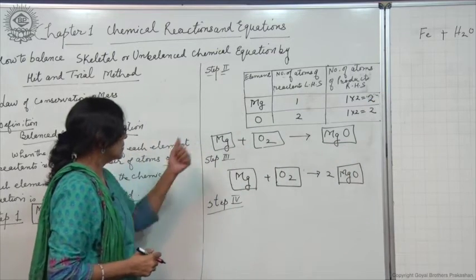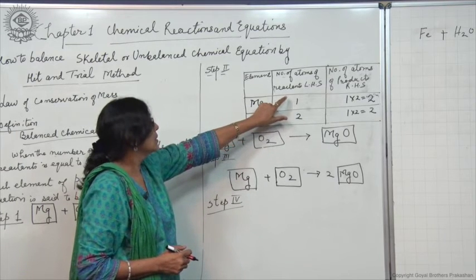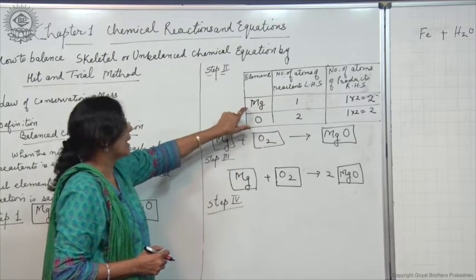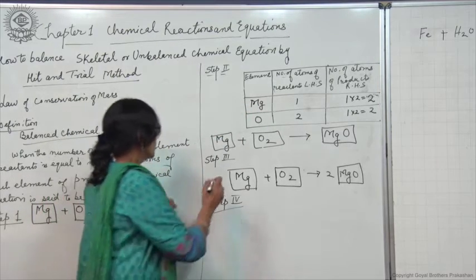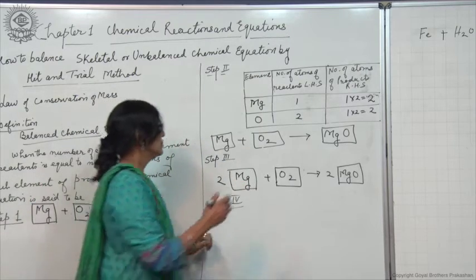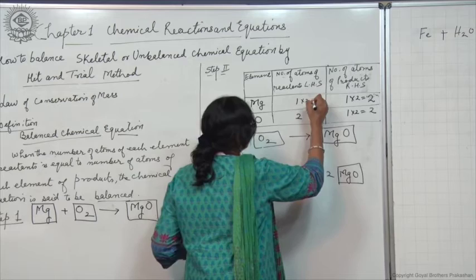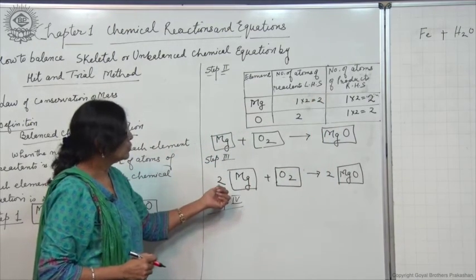To make the number of atoms equal to 2 again on the left hand side, we need to rebalance magnesium. How to do it? By writing 2 in front of the box of magnesium, which makes the number of magnesium atoms also equal to 2.